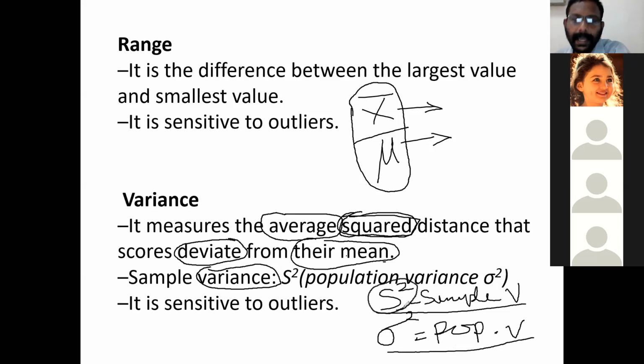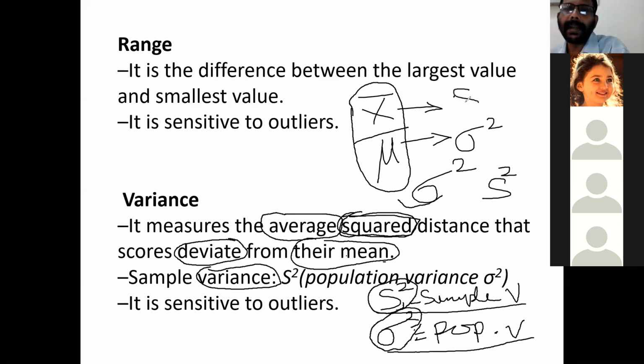By S square. The population variance we denote by sigma square, right? Hereafter, if I write sigma square, it indicates the population variance. If I write S square, that indicates the sample variance, right? Similarly, the population parameter is what we estimate through the sample. So these are the population parameters, and these are the estimates from the sample.